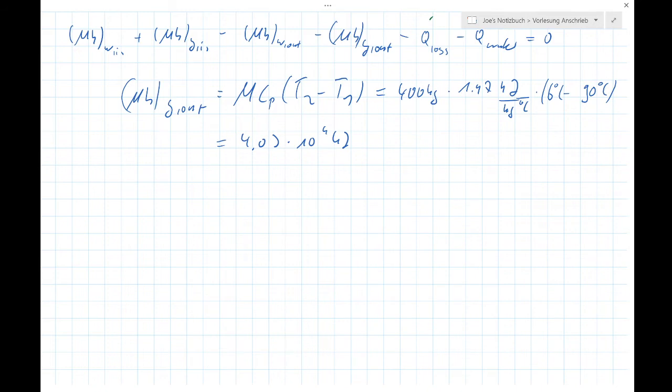So in principle what we do is the same. We do an energy balance now for the water. However, we just have an input and output stream. There is no shaft work, and we calculate the heat.